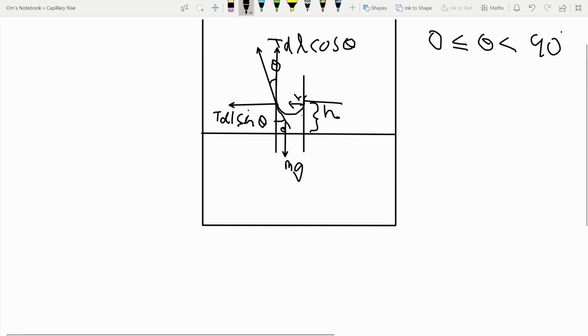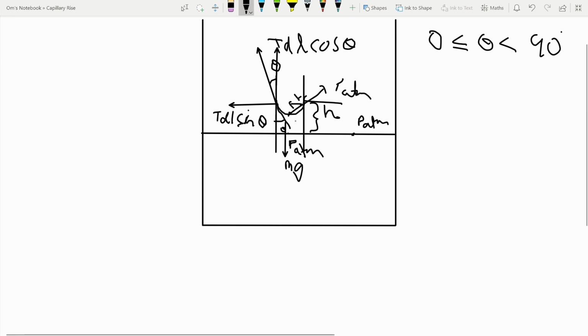Also, if you're still not satisfied with this analysis, you can think of it in some other way. We know that the pressure at this point has to be equal to P atm, and the pressure at this point has to also be equal to P atm. From Pascal's law, the pressure at this point also has to be equal to P atm.